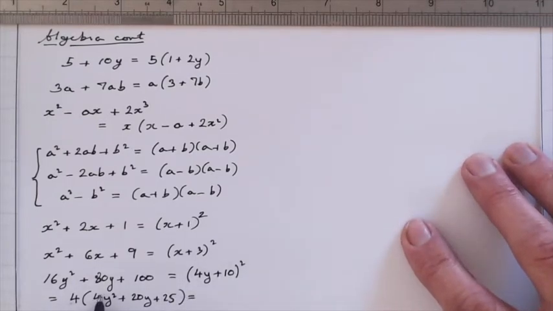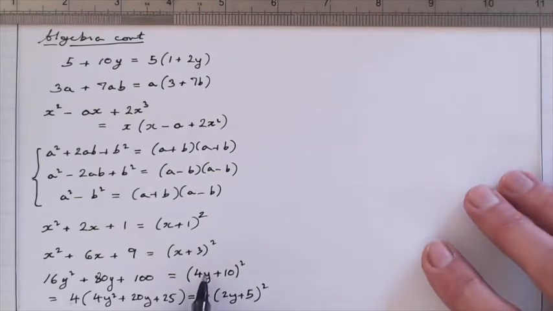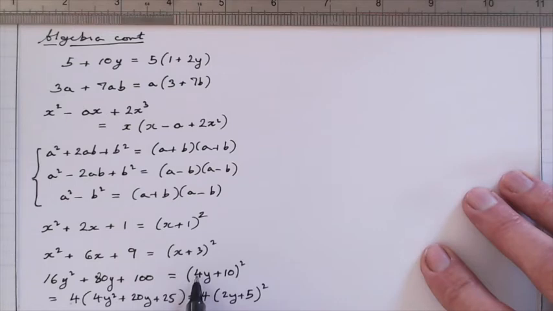And then we would see, maybe a bit more easily, oh, that's 2y all squared, that's 5 squared, that's 2 times 5 times y twice over. So we have 4 lots of this bracket, which is 2y plus 5 all squared. These are the same thing. If we factor out a factor of 2 twice over, because we have 2 brackets of 4y plus 10, we get 2 lots of 2, which gives us 4, and then we have 2y plus 5 all squared.